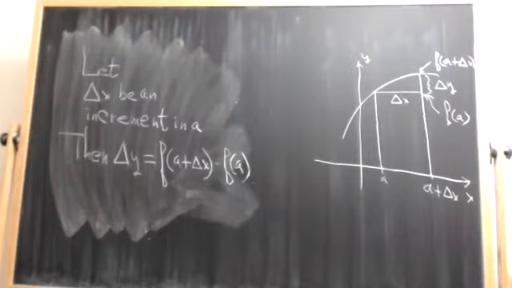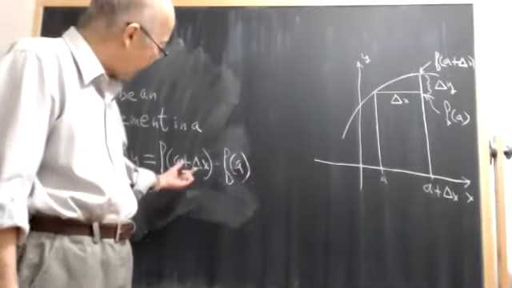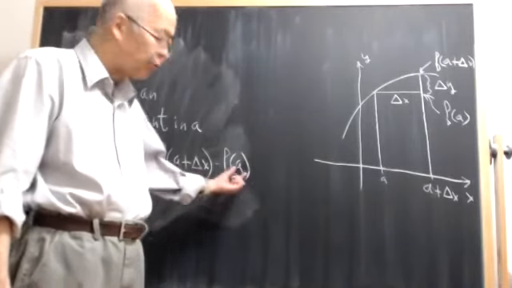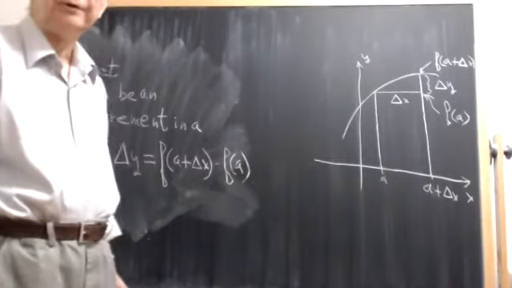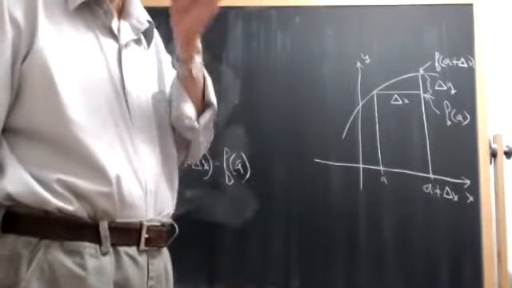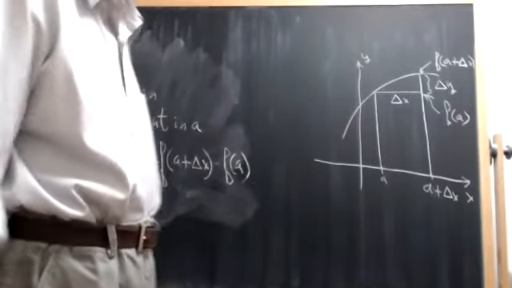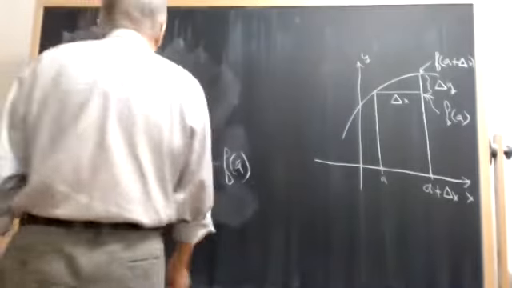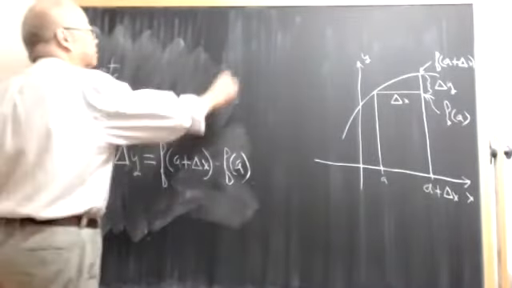Now, if you have a function, evaluate it at two endpoints, what are you tempted to do? Well, use the mean value theorem.